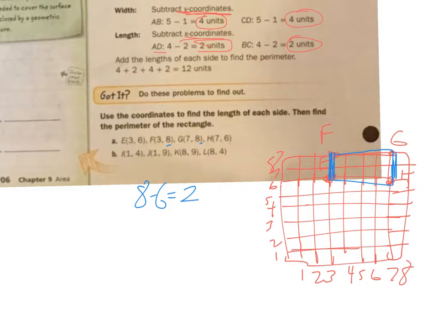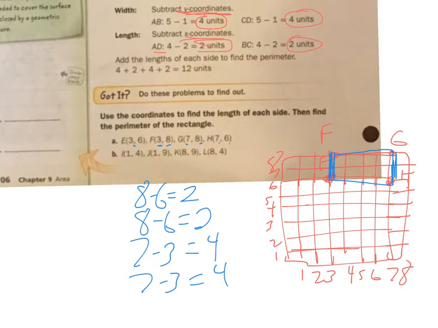And then 8 minus 6 equals 2 more. And then here I have 7 and 3, and 7 and 3, which equals 4. So A, I'm going to say, is 2 plus 2, which is 4, plus 4 is 8, plus 4 more is 12. The perimeter is 12.